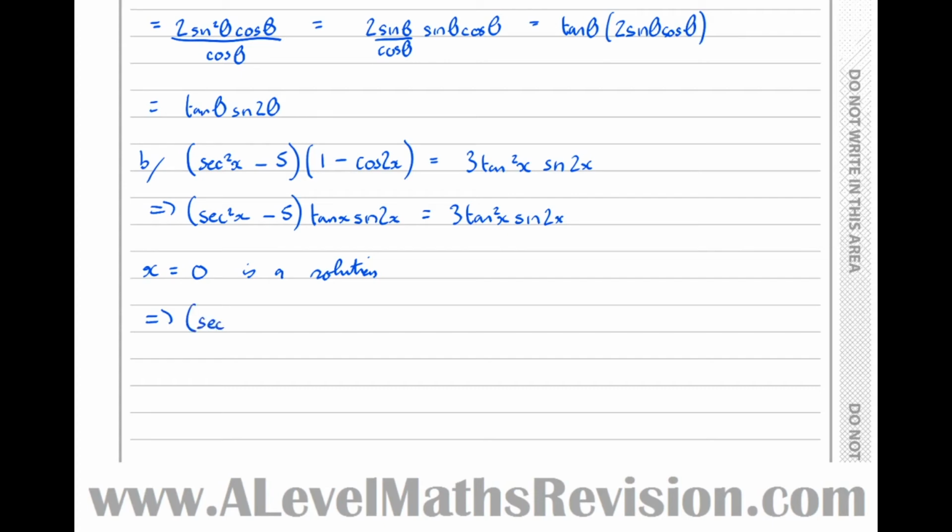So, which means that's sec squared x minus 5. And we're dividing both sides by tan x sine 2x, which leaves on the right hand side 3 tan x. And now we're left with a hidden quadratic. So that means that sec squared x minus 5 equals 3 tan x.